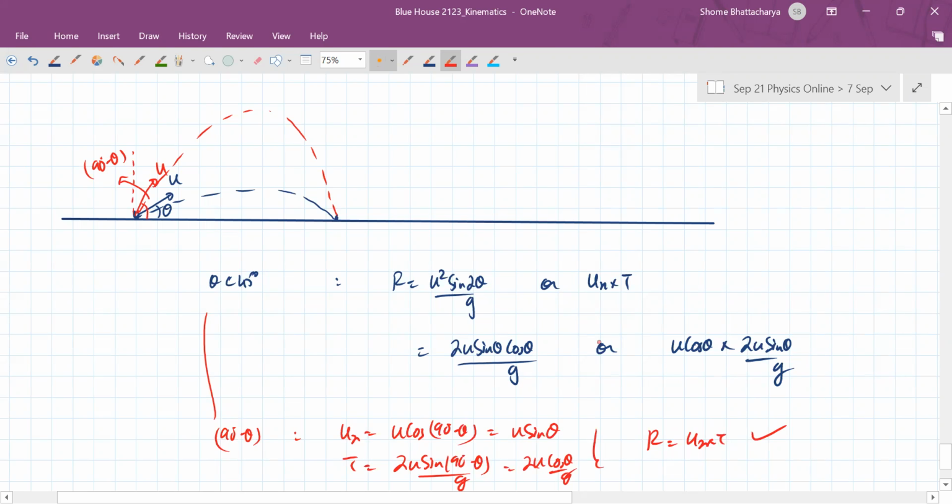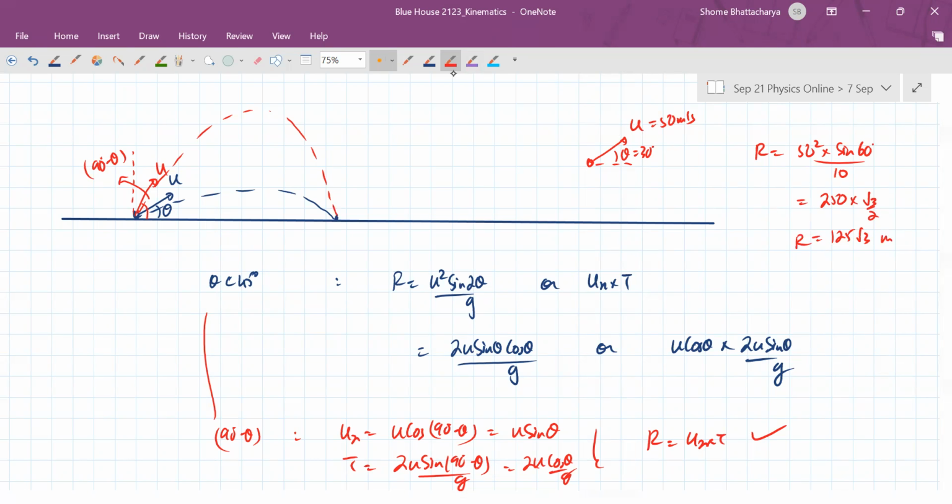Okay, so understood. For example, if you project something at u equal to, let's say, 50 meters per second at an angle of projection of, let's say, 30 degrees, your range is 50 square into sine 60 divided by 10. So it is 250 into root 3 by 2, so it's 125 root 3 meters.